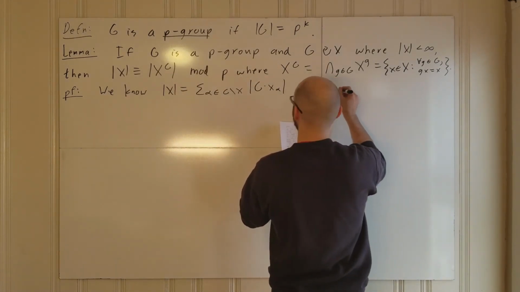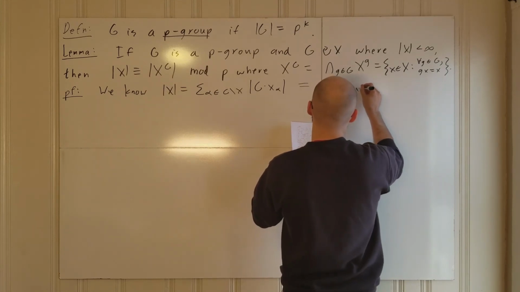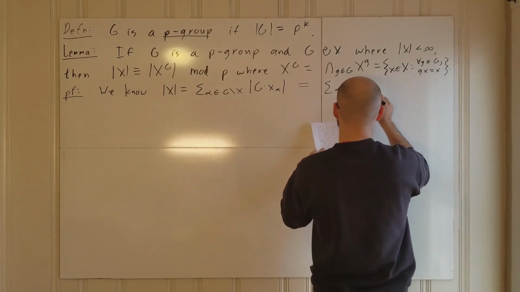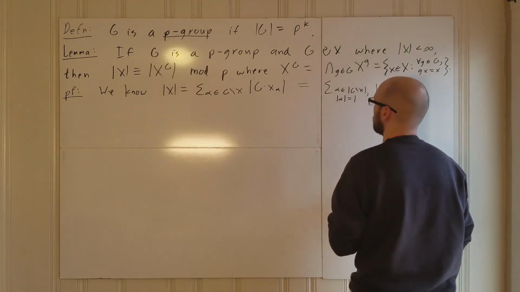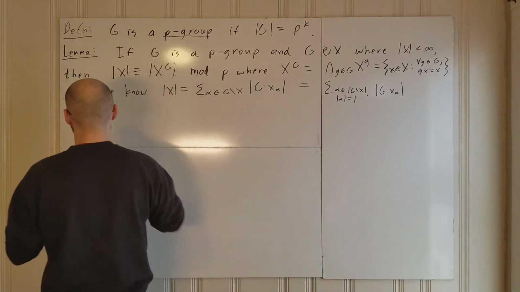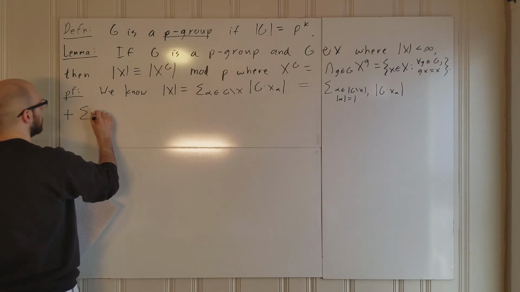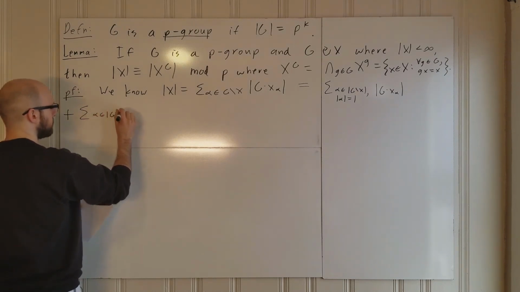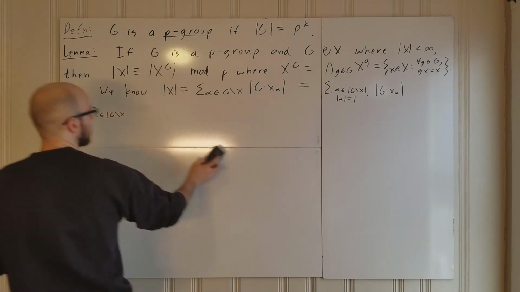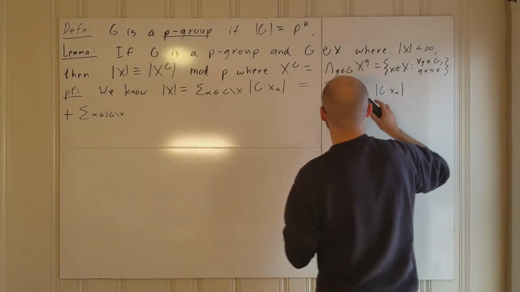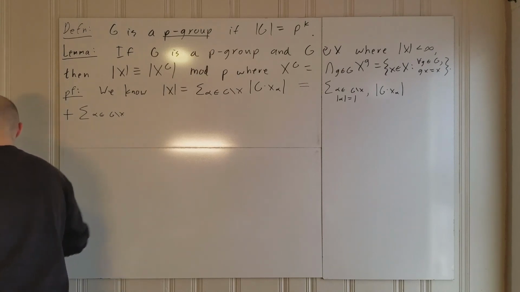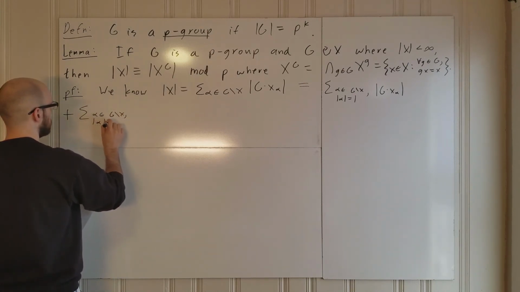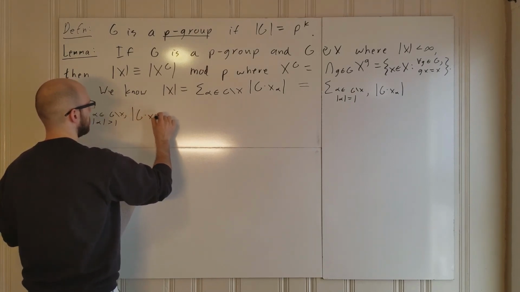This is the sum over all alpha in G\X such that the size of alpha equals 1 of G dot x alpha, plus the sum over all alpha in here such that the size of alpha is greater than 1 of G dot x alpha.